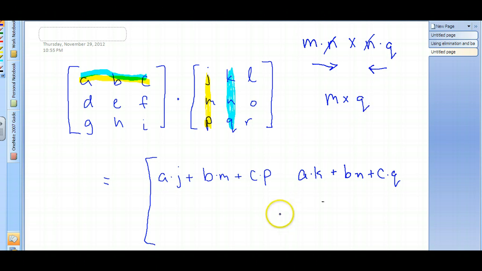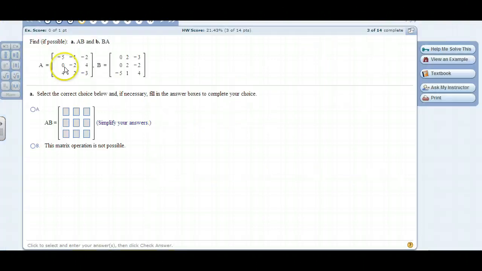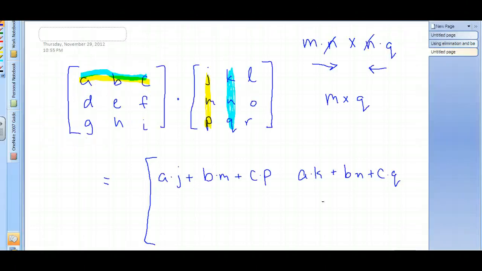Now for the problem we're doing, we have a 3 by 3 times a 3 by 3.